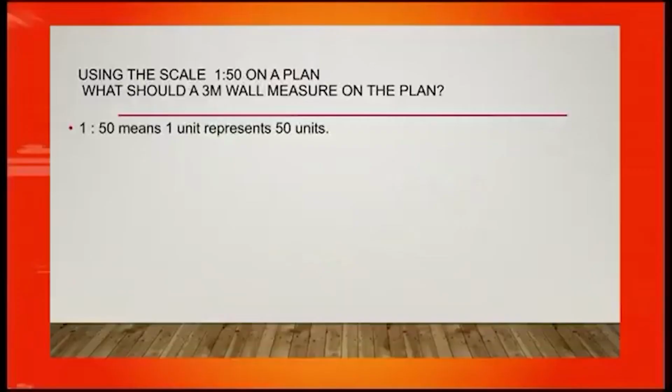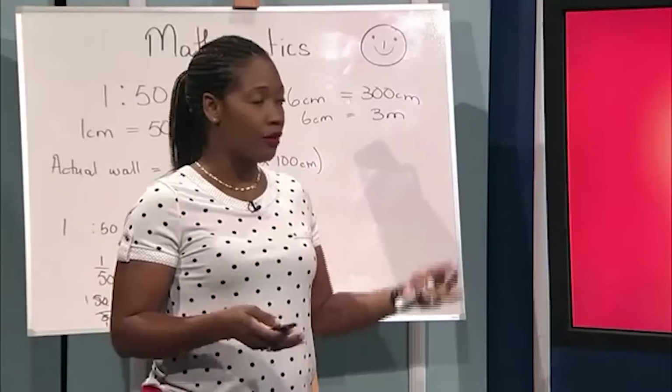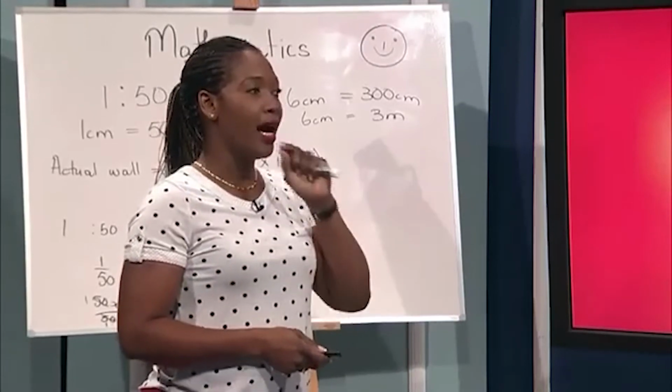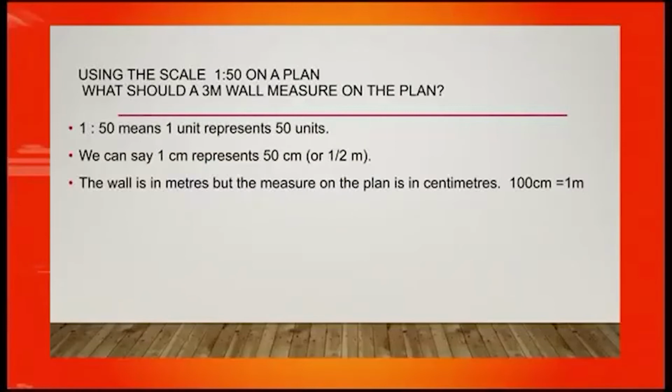So we have 1 to 50, which means 1 unit represents 50 units. We can say that 1 centimeter represents 50, or half a meter, because 50 is half of 100. The wall is in meters, but it's not in meters on the plan, because meters would be a bit much to put on the plan.